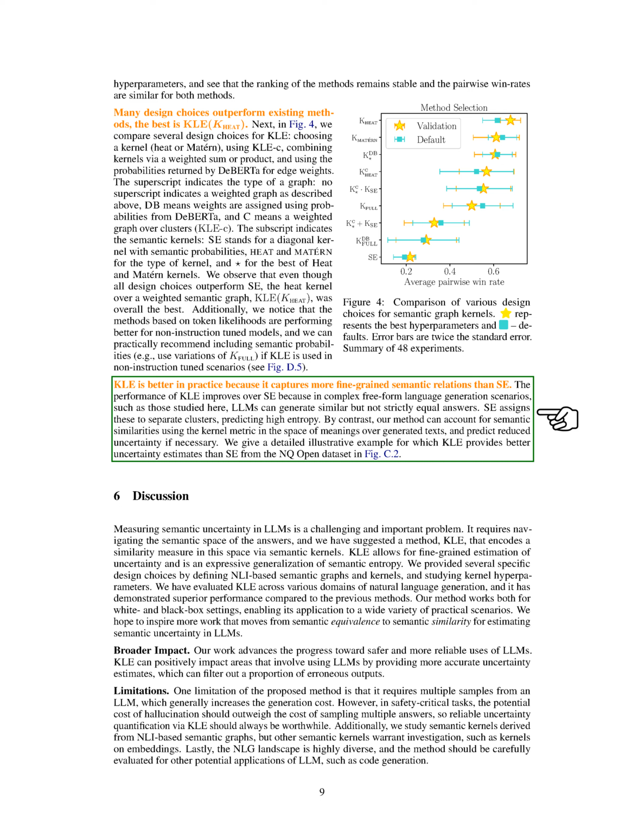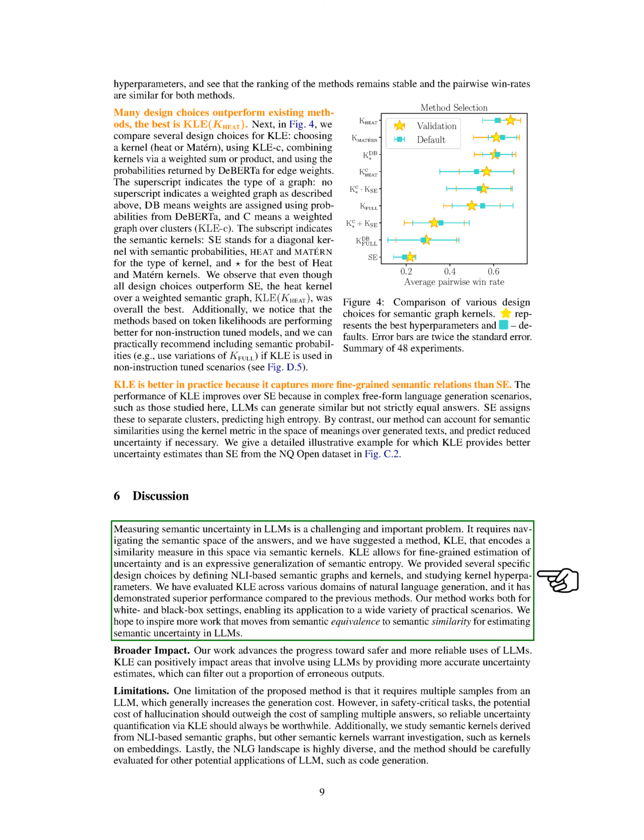Section Discussion. In this section, we tackle the challenge of measuring semantic uncertainty in LLMs, which is crucial. We propose a method called KLE that uses semantic kernels to navigate the semantic space of answers, allowing for a detailed estimation of uncertainty. KLE is a more advanced version of semantic entropy.